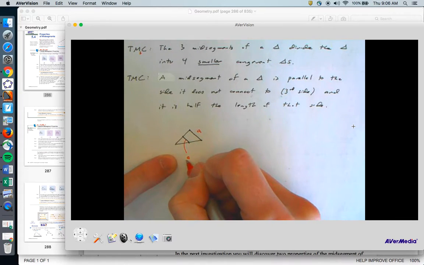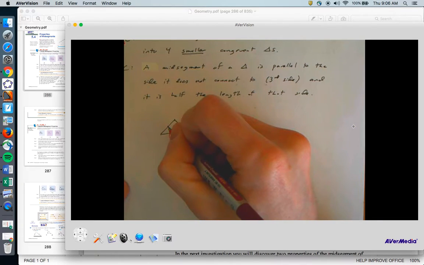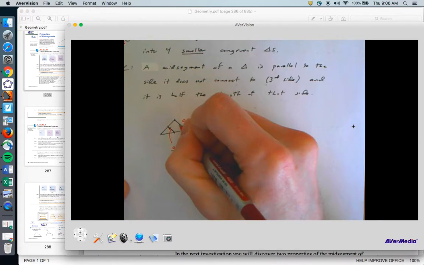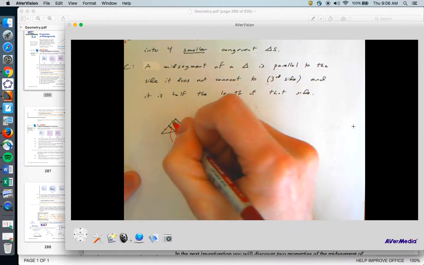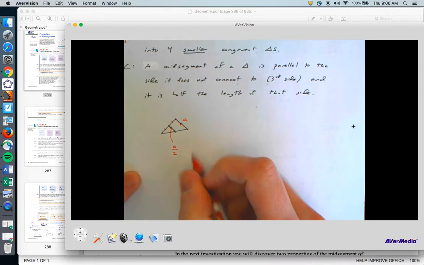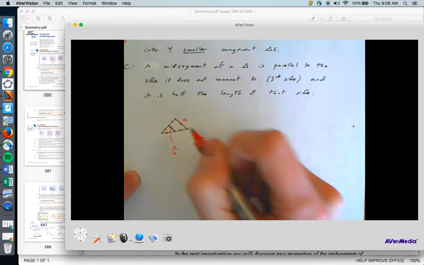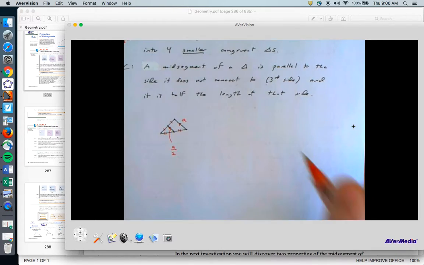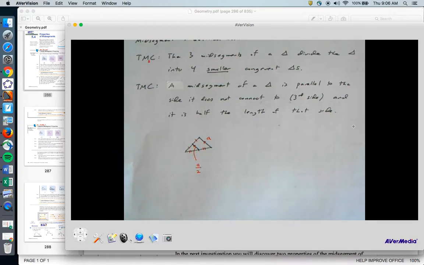This is A over 2. And these guys are parallel. And while I'm marking it up, that's a midpoint. Those are congruent. These are congruent. A nice property about midsegments.